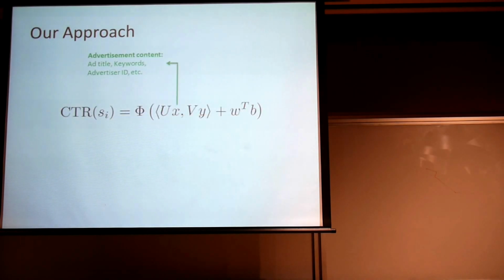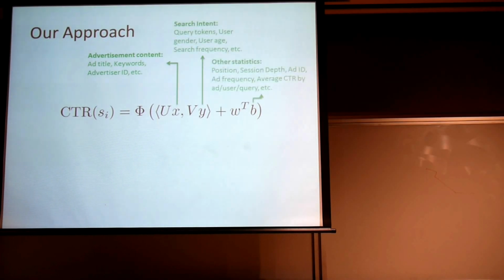Thanks, Yuchen. So this is our approach, and as Yuchen mentioned before, all those baseline methods have some limitations. Either they haven't made full use of the features that we have, or they don't model the relationship between the user search intent and the advertisement content. Here we use three features. X is the advertisement content.